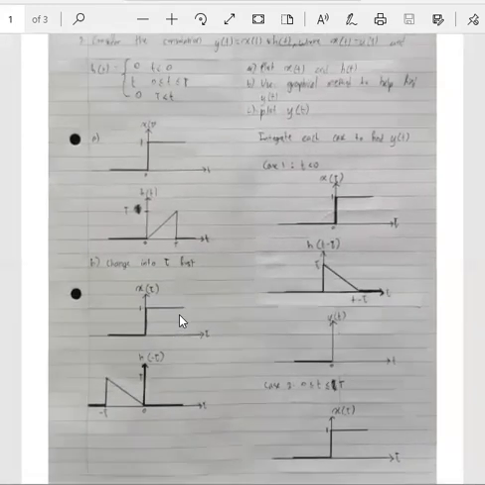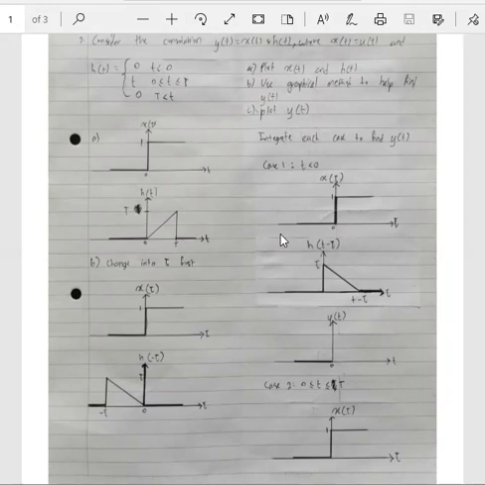So we integrate for each of the cases, where case 1 is t is less than 0. When t is less than 0, it's basically in the negative range and we don't have anything there, because as you can see, x(t) is fully 0 and so is h(t minus tau).